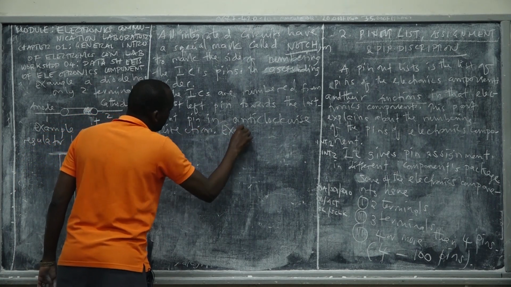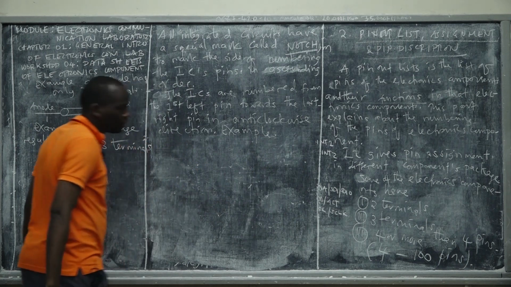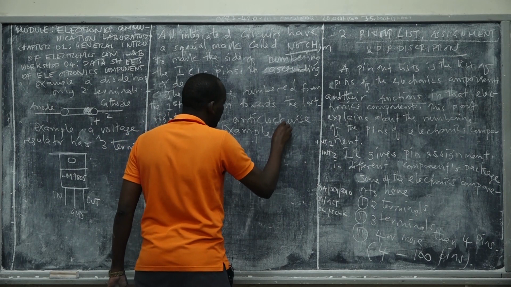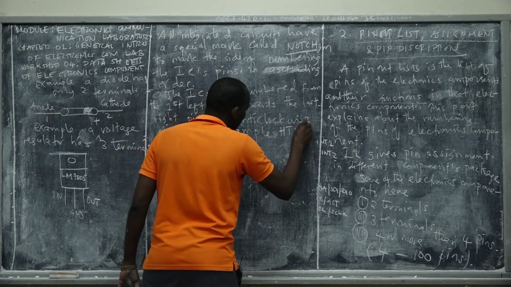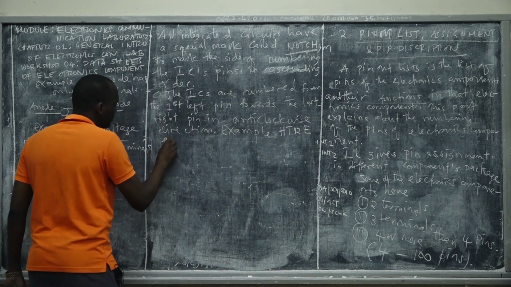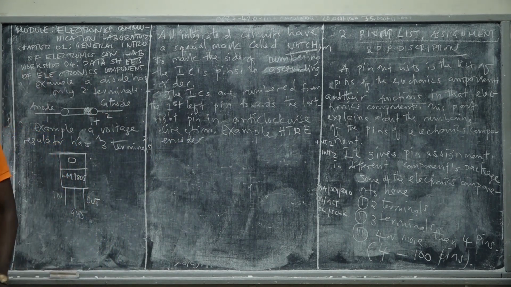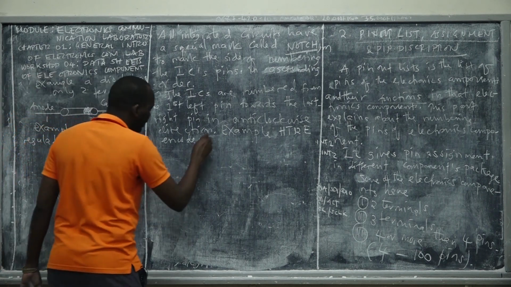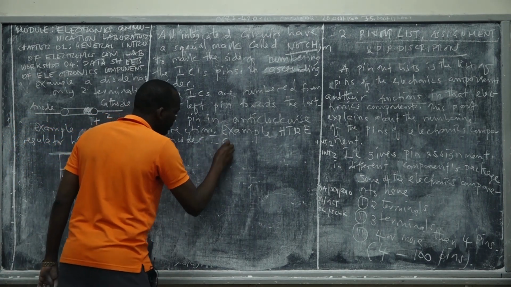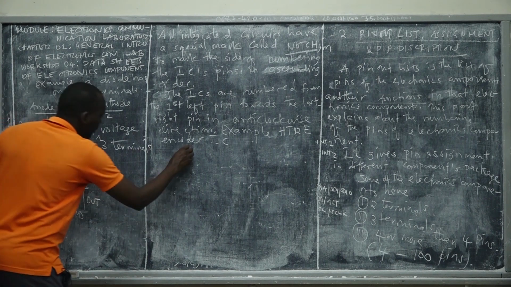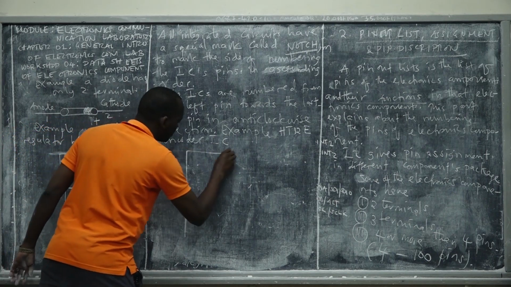So let me give you the pin assignment of one of the integrated circuits. Example, the HT12A encoder, just to give you communication ICs. HT12A encoder IC. This is a very interesting integrated circuit.